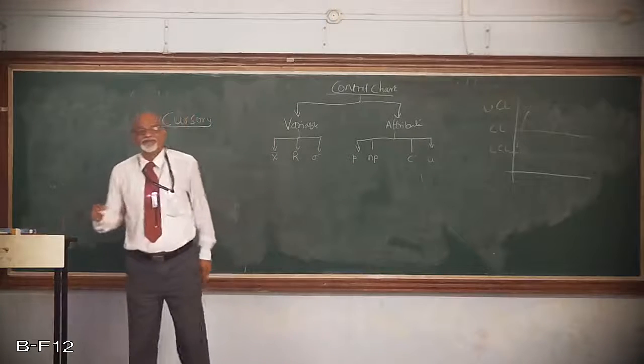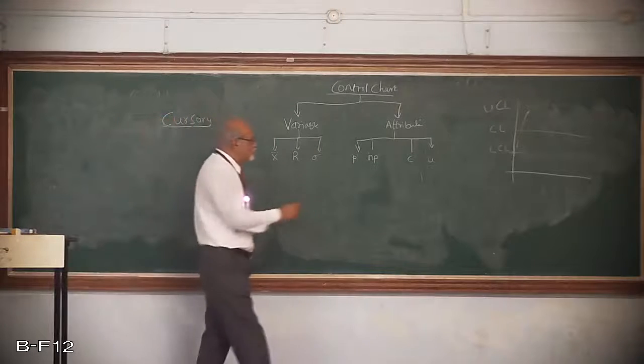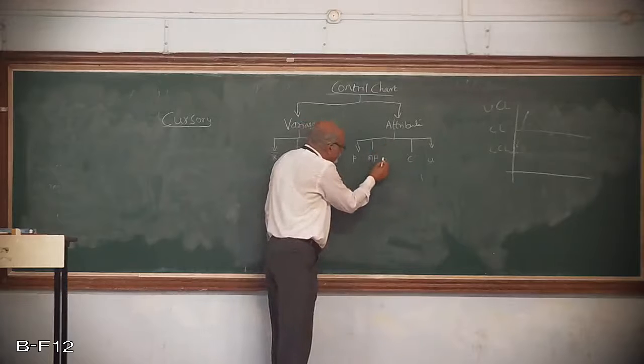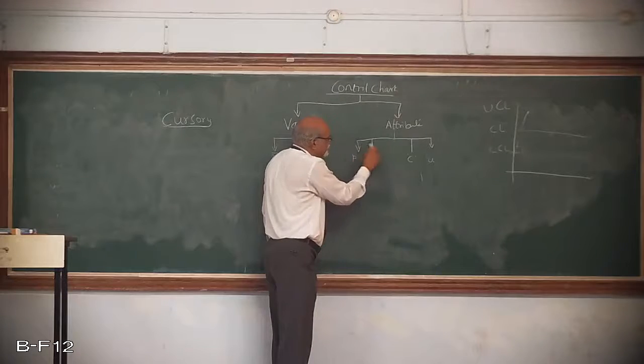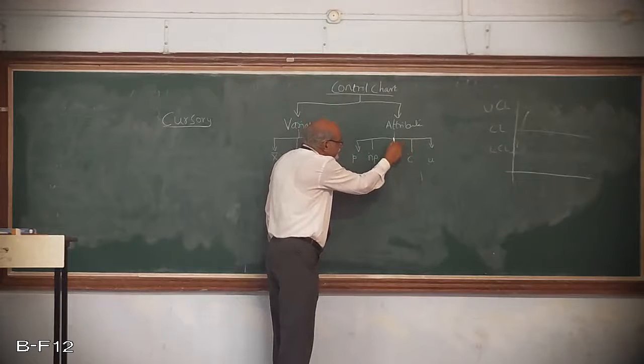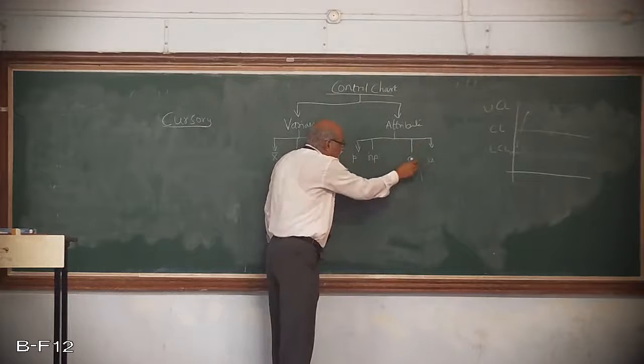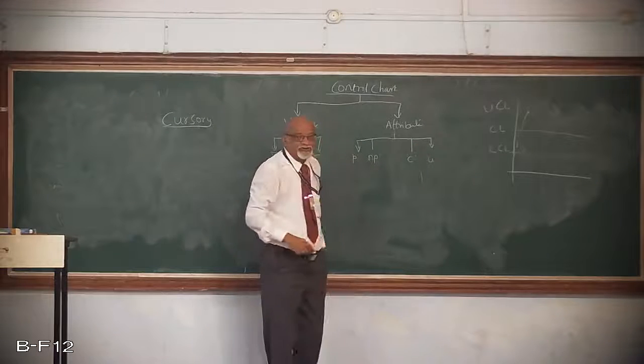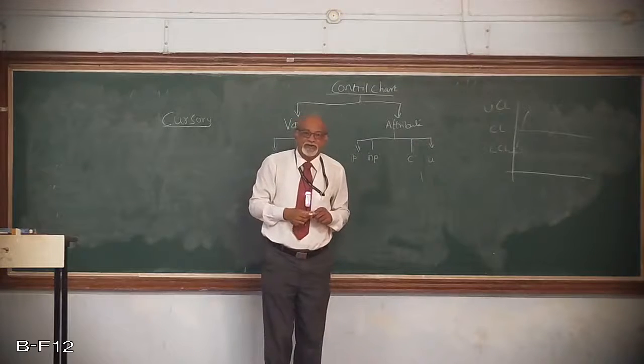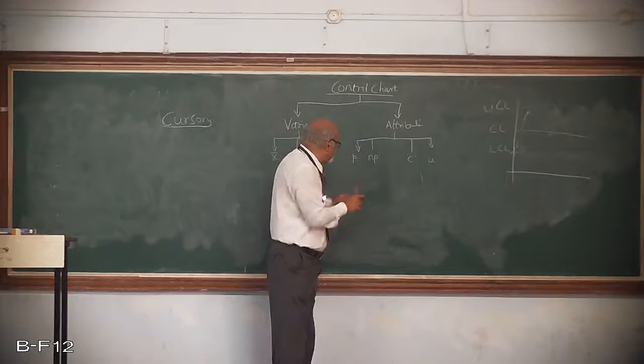You might have observed over here or in the previous class when I started, there also I had put them into 2 categories. You just see, because P and NP are one side and C and U are another side. Although all the 4 are attribute type of control charts. So if we look at P, P means what?